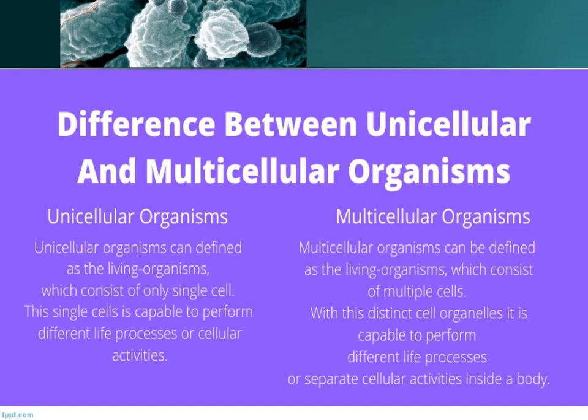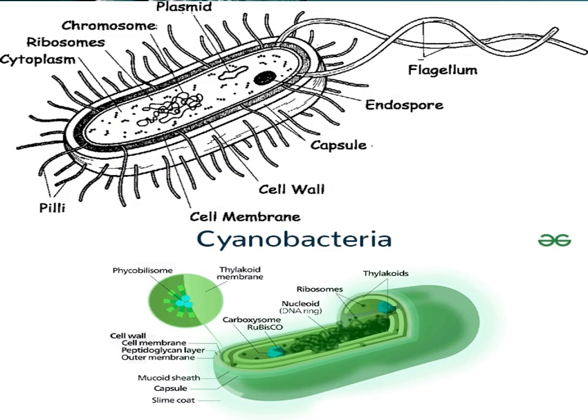If we look at the difference between unicellular and multicellular organisms, we will see that unicellular organisms are composed of one cell which performs the complete activities. These are not highly developed, highly organized as compared to multicellular organisms. Now we are going to see prokaryote kingdom in which the first example at the top we can see is the bacteria.